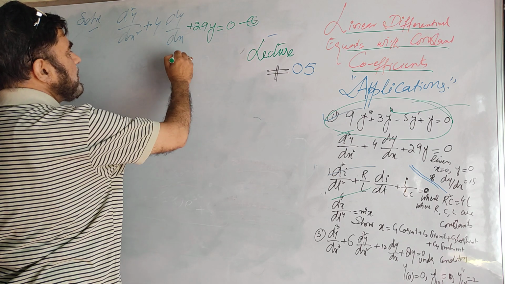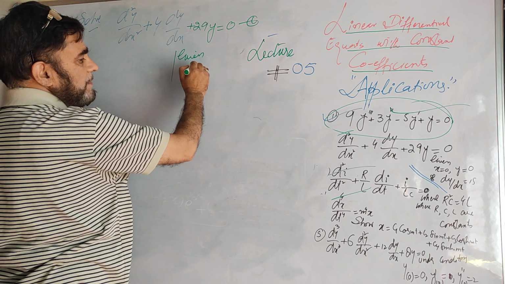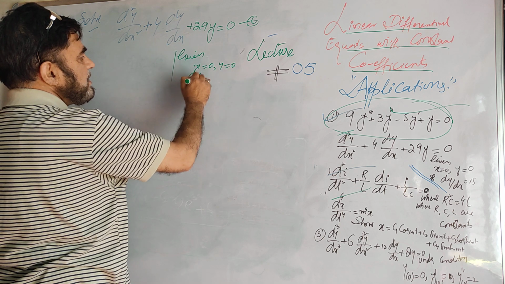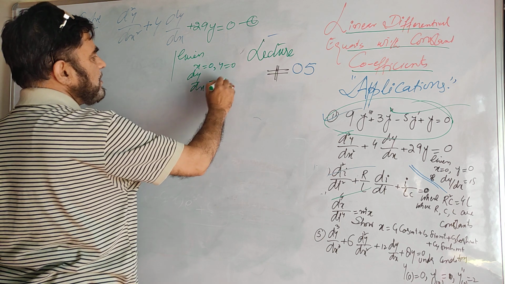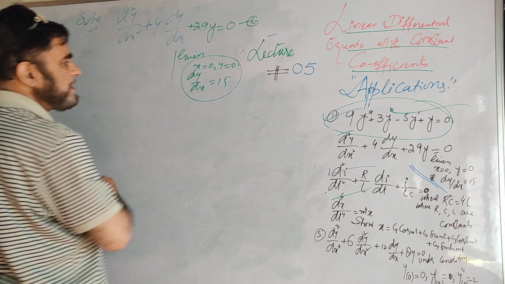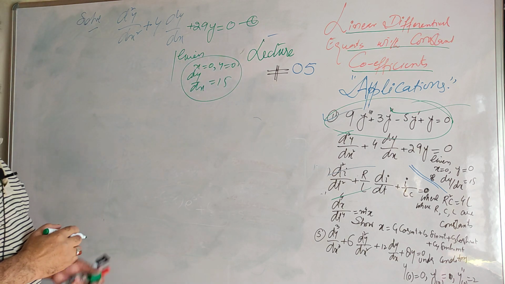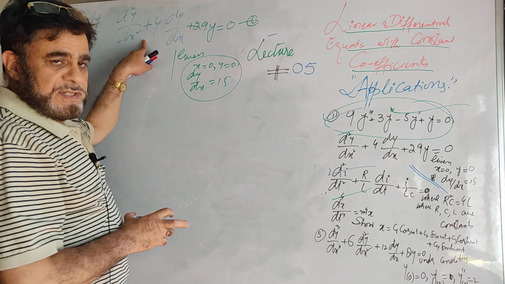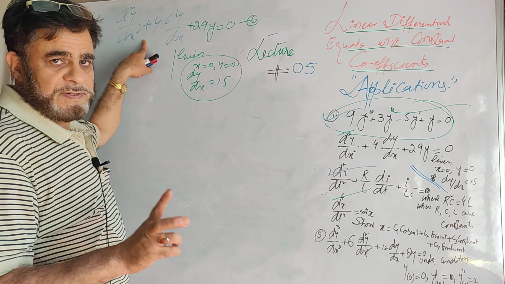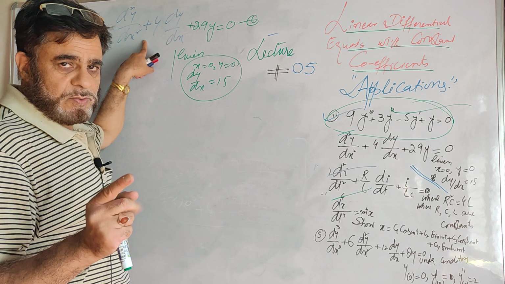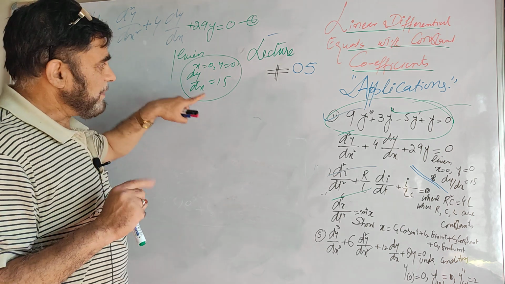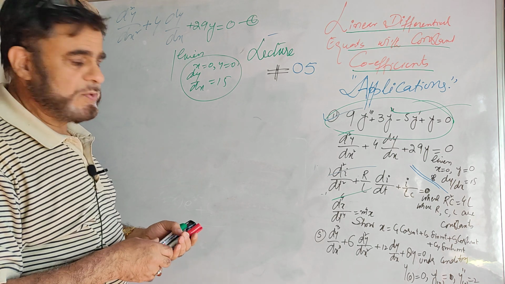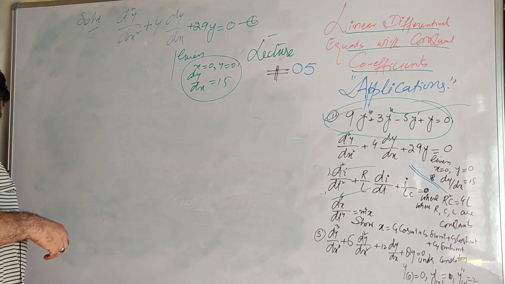You are given the conditions: when x is 0, y is 0, and dy by dx is 15. These are sometimes known as boundary conditions. With these conditions you will get the constants, because this is a second order differential equation. The general solution will involve two constants, but with these conditions you will get C1 and C2.